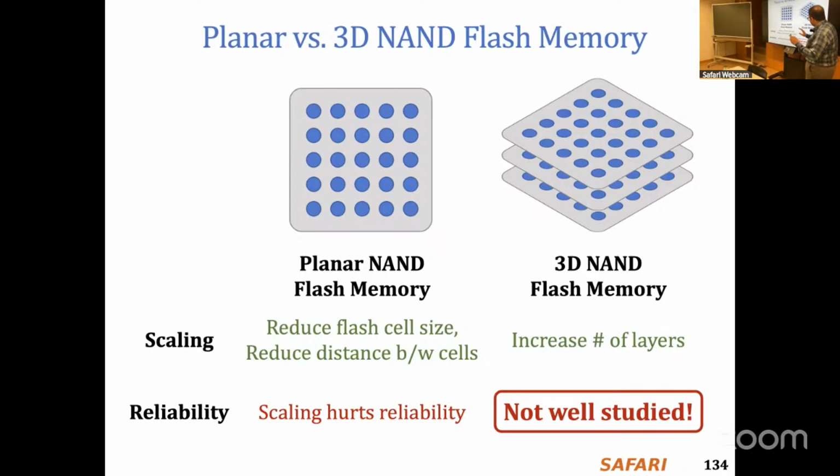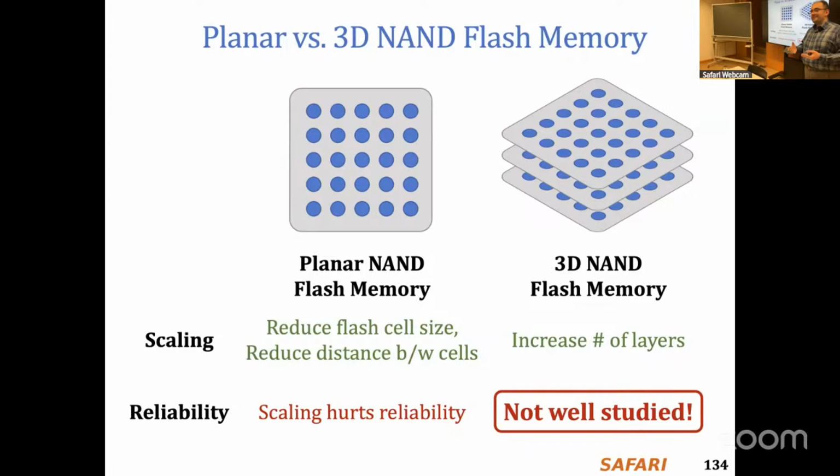At that time, this 3D NAND flash memory was not well studied, let's say 2016, 17 or so. But now there are also some works that discuss 3D NAND flash memory reliability and so on and so forth. But back then, people haven't observed much reliability issue when they use 3D NAND flash memory because cells were larger.